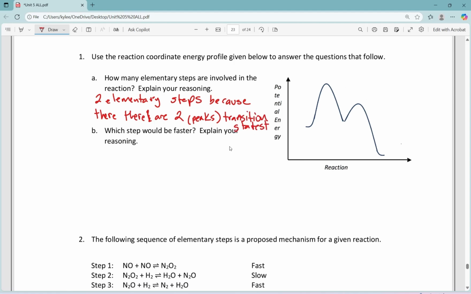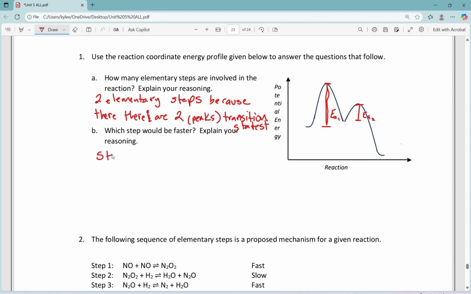Which step would be faster? And so remember, the quickness or the rate of each step is dependent upon that activation energy. So if I compare the activation energy for step 1 versus the activation energy for step 2, I can see that this activation energy for step 1 is much bigger than the activation energy for step 2.